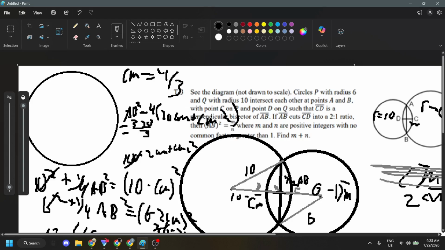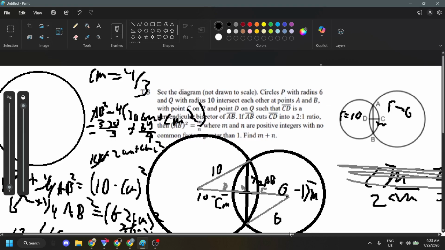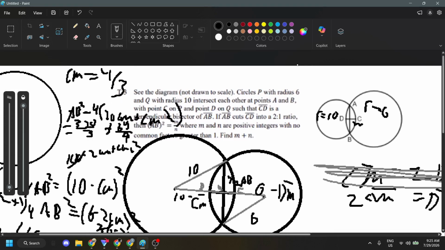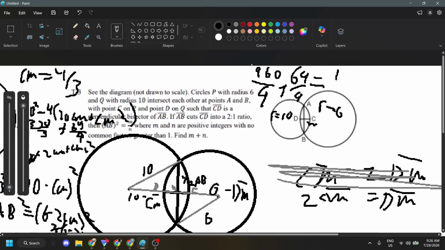And then this is going to be 16 over 9 times 4 is 64 over 9. Now just combining the two, we get 960 over 9 plus 64 over 9. That gives us 1,124 over 9. So this should be our answer.